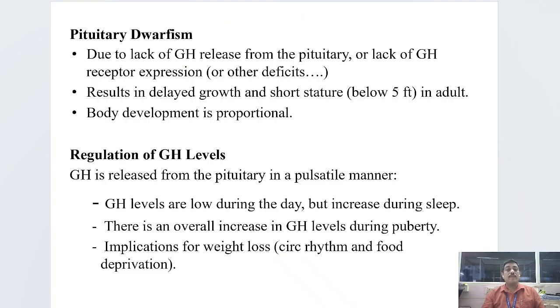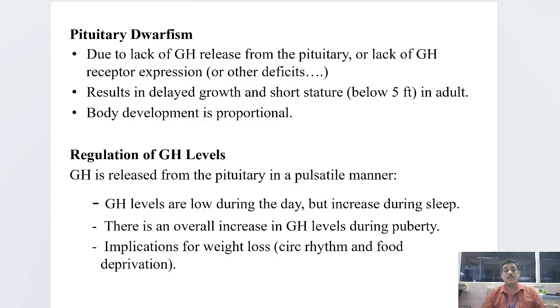What will happen if there is a decrease in the secretion of growth hormone? We call that dwarfism. Since the pituitary is involved in secreting growth hormone, we call it pituitary dwarfism, wherein a lack of growth hormone released from the pituitary is observed, and as a result there will be delayed growth and the person will look very small.